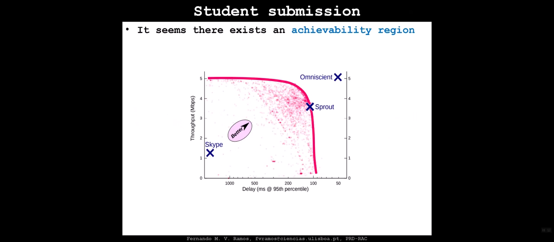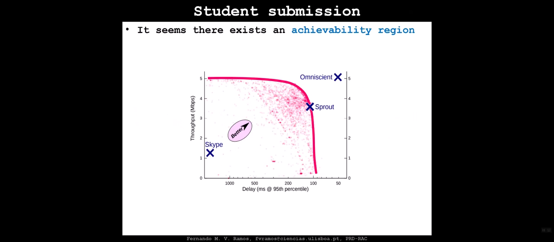Finally, I show an example of results from other students who have done the contest. This is like 3,000 samples from 3,000 student protocols, and it's interesting that there seems to exist an achievability region. You see the omniscient, which is the solution that would know exactly what's happening in the future, that has the lowest delay, which is to your right, and the highest throughput, which is up.